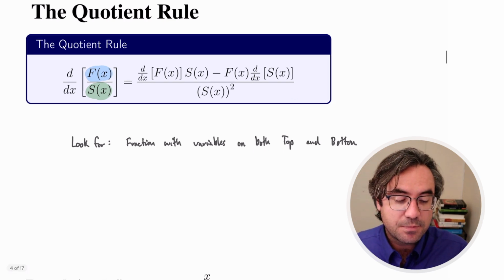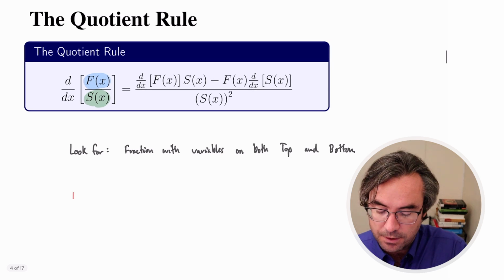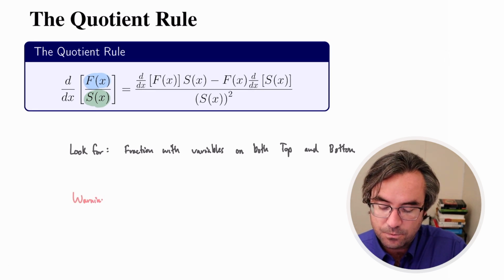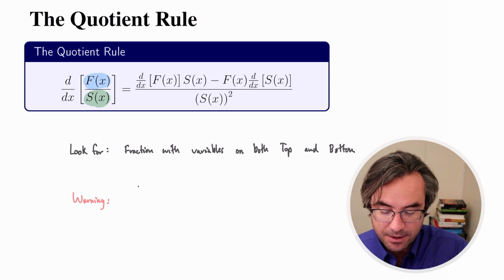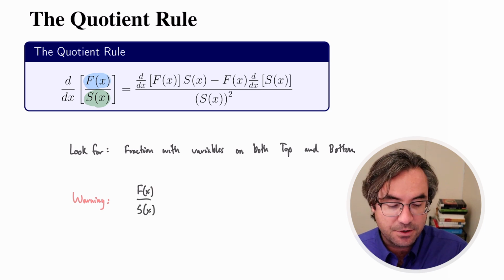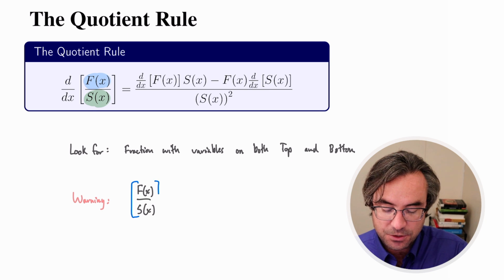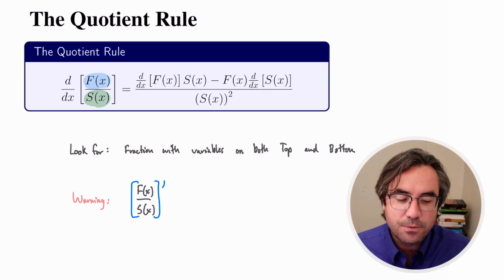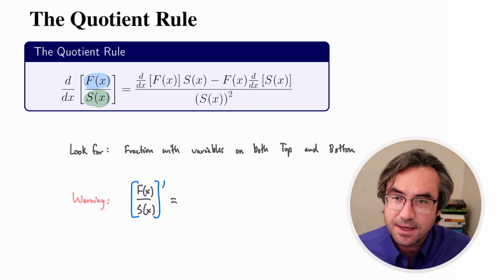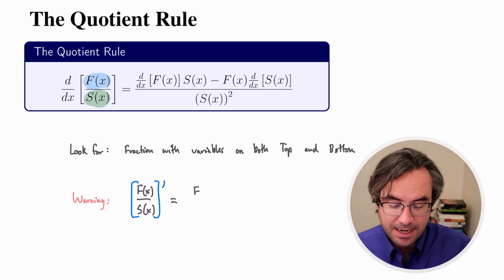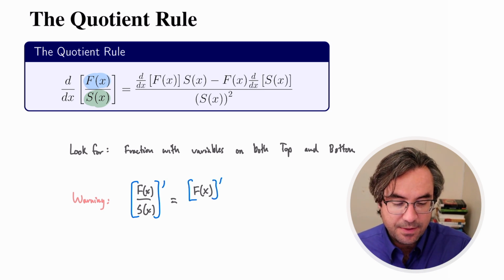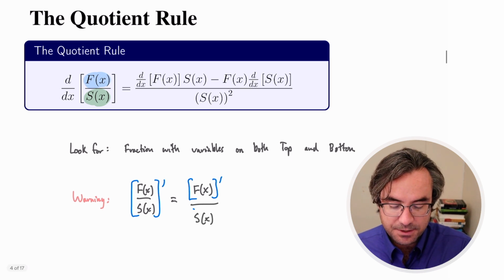And the same warning applies for quotient rule as what we mentioned for product rule. It's very tempting to think that if we had some top function divided by some bottom function, and we wanted to differentiate this whole fraction, well, let's just take the function on top and differentiate that, and then take the function on the bottom and differentiate that.